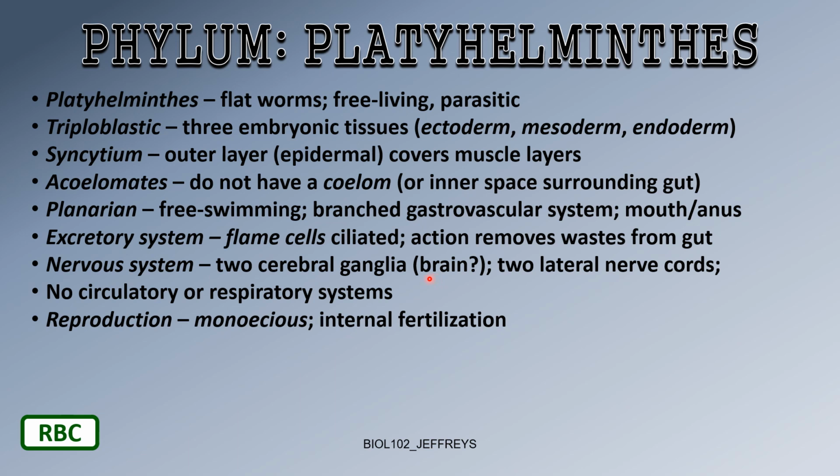But it's a collection of nerve cells. A collection of nerve cells we call a ganglion. There are 2 of them, so plural is ganglia. And we call them cerebral ganglia because if you look at a worm and say, okay, this is the tail end and this is the head end, these ganglia are at the head end, the cerebral end.